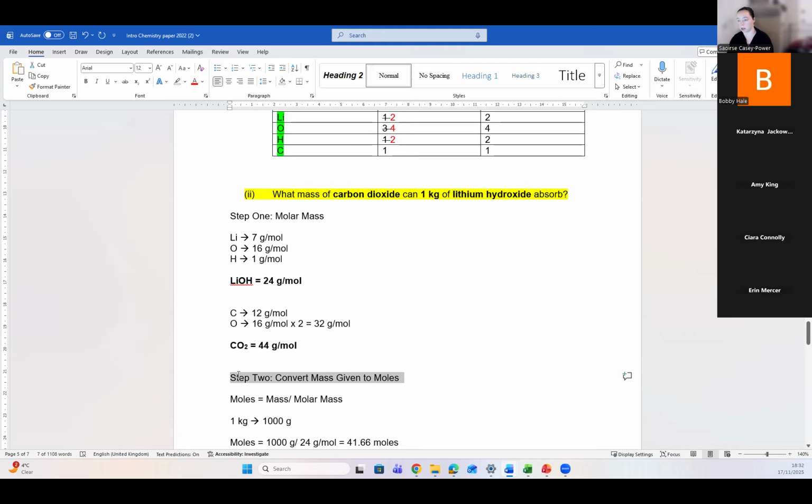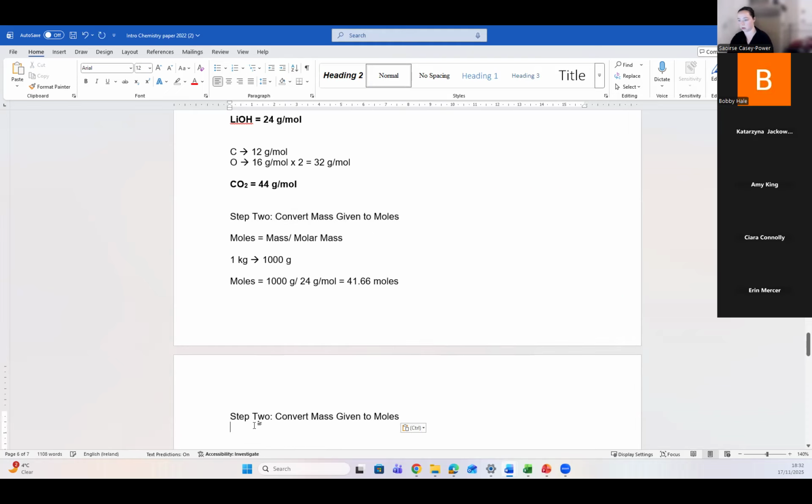So what we should be looking at here is step 3: the moles of carbon dioxide. We're going to use the balanced chemical equation for this, which ties into where we were looking at the ratio between them.